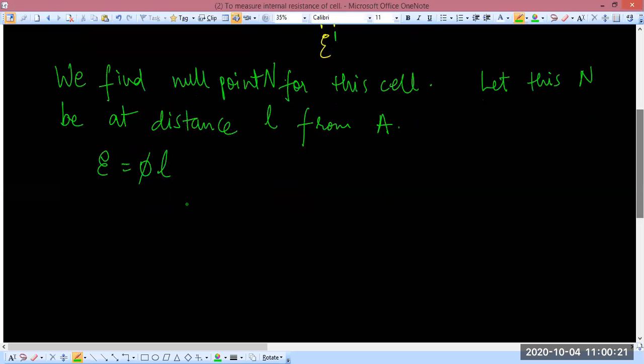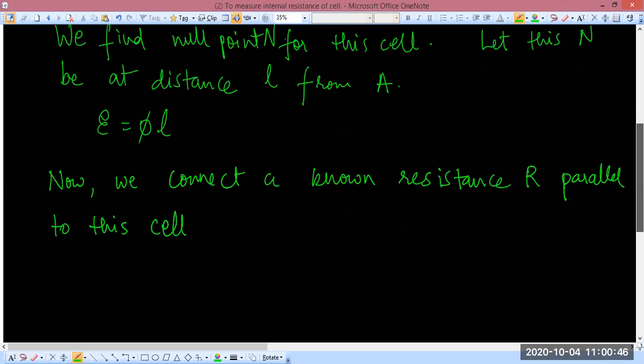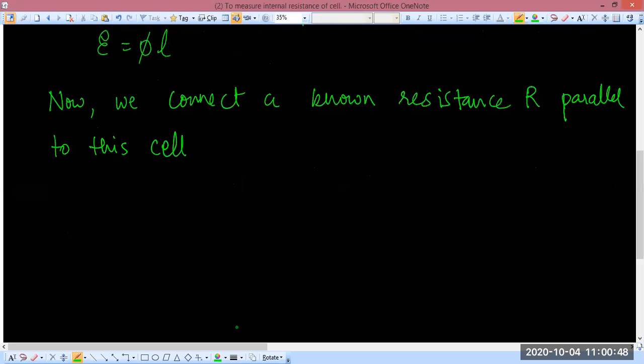Let me just state the next step, then you can think about it. Then we'll talk about it later. Now we connect a known resistance in parallel to this cell. Let's just draw the circuit, then you think about what happens if you do this.